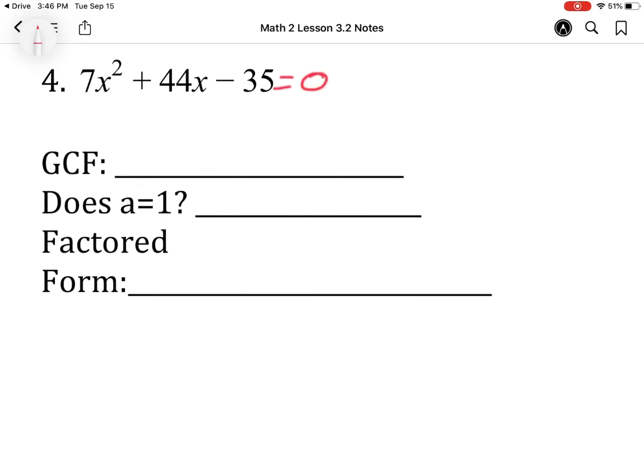Let's say it equals 0. So in this case, we're looking to see if there's a GCF, and there's not. So no, or none. Does A equal 1? No. Because A does not equal 1, we're going to slide and divide.